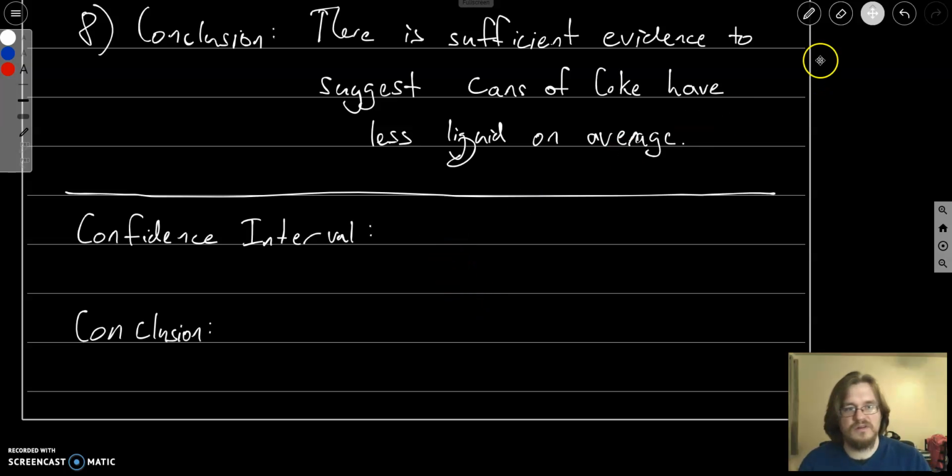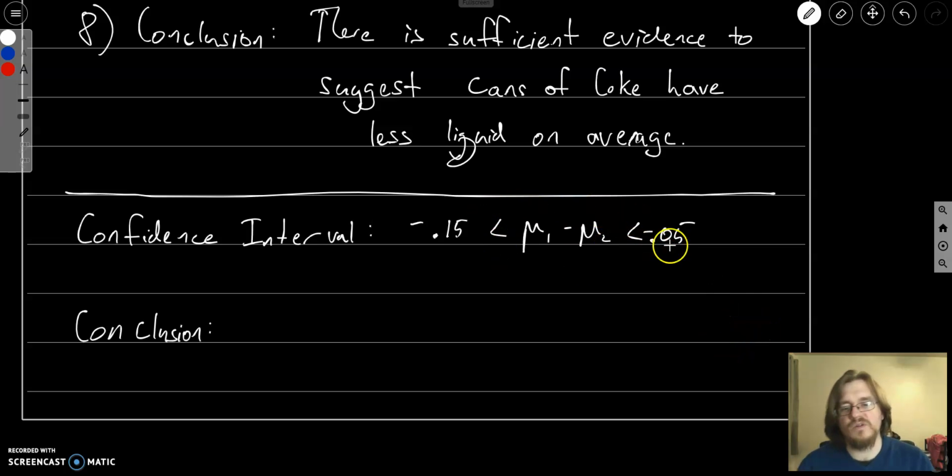So negative 0.15 and negative 0.05. So what conclusion can we draw from this? Well, first of all, 0 is not between 2 negative numbers, so we can reject our null hypothesis. And moreover, what can we say?